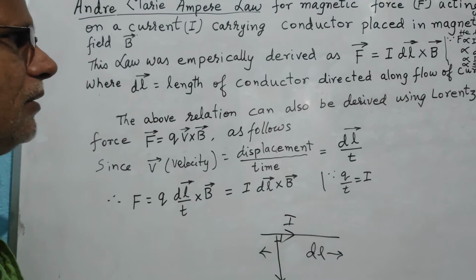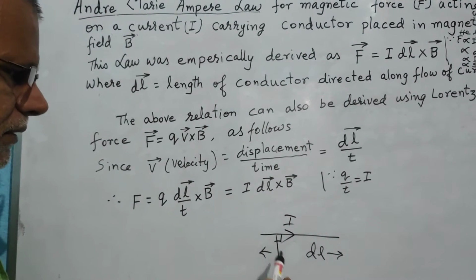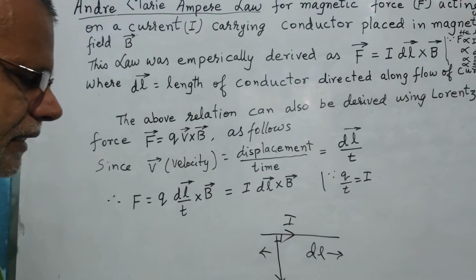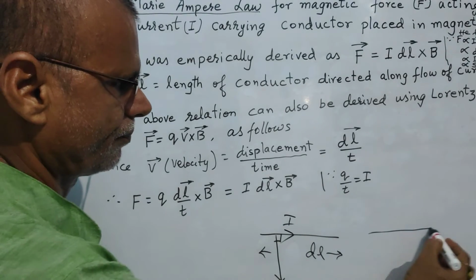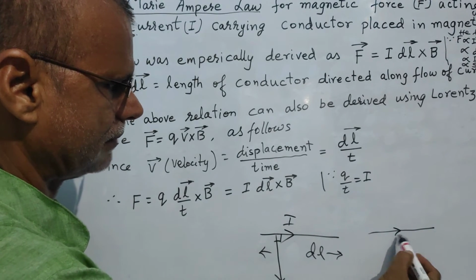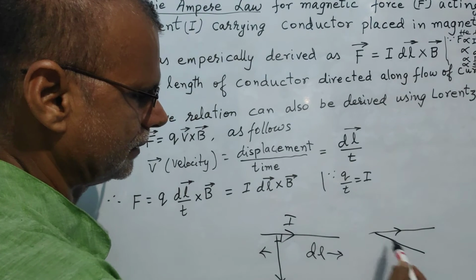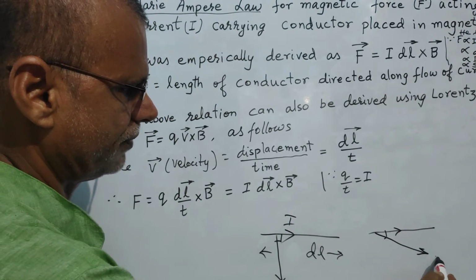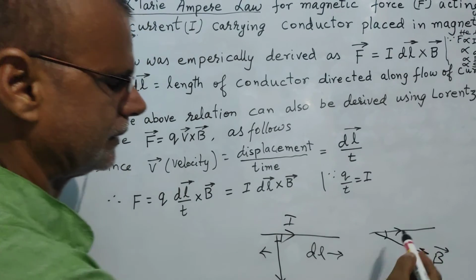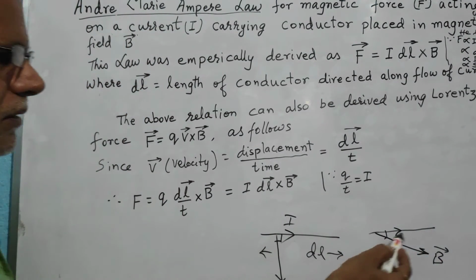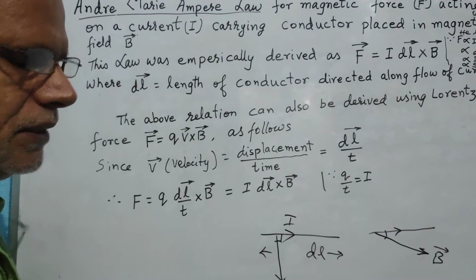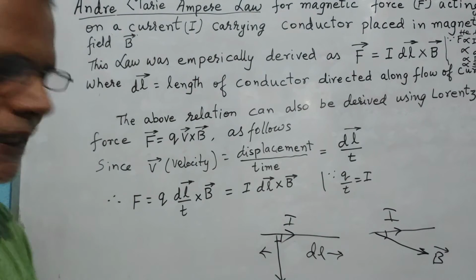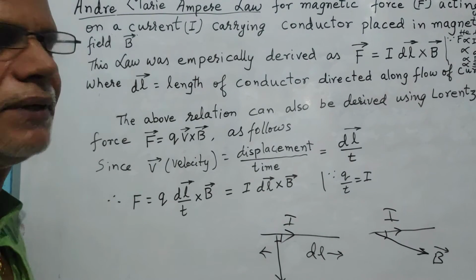Now, the more the value of sine theta, the more will be the force acting on the conductor; the lesser the value of sine theta, the lesser the force. For example, if we have a conductor having some current but the magnetic field is making 45 degrees with the direction of flow of current, then the force acting on the conductor due to this magnetic field will be 1 by root 2 times less as compared to the previous case.